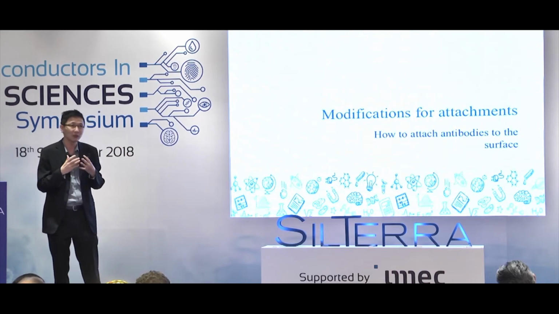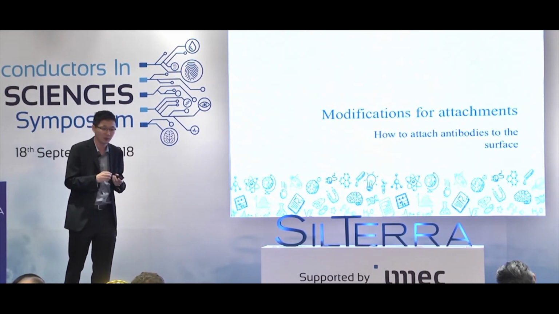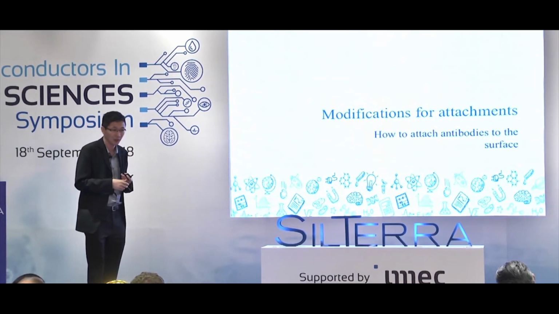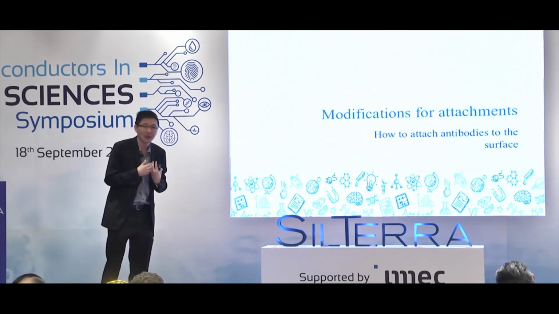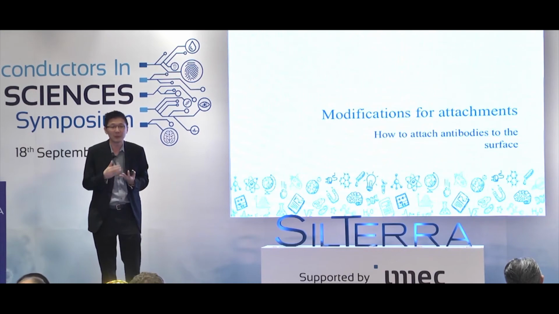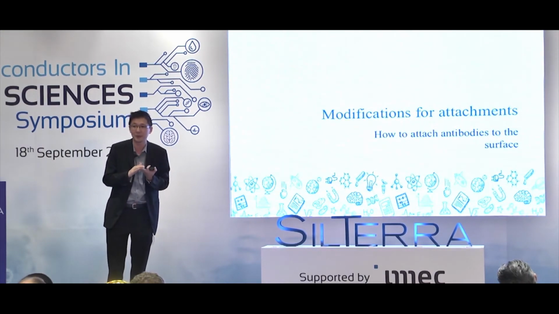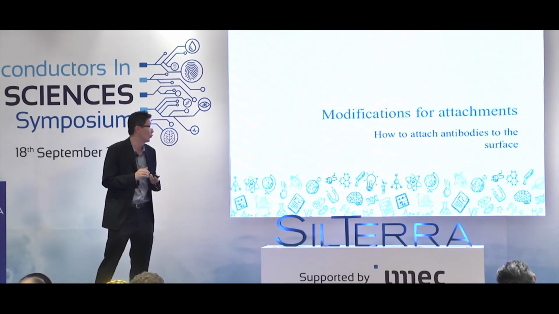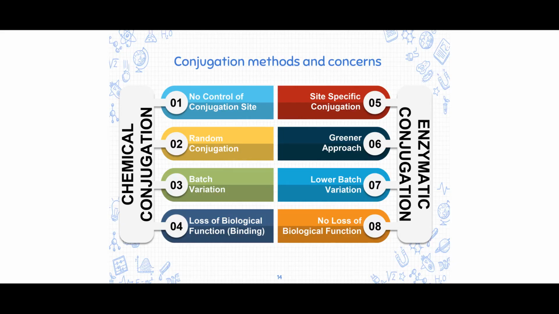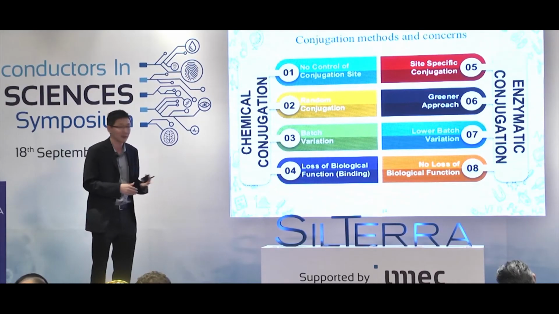So when we look at attachments on surfaces, what kind of modifications can we actually look at? In our lab, we focus more on paper. We do a lot of attachments onto just nitrocellulose paper because it's cheap. What we can do with conjugate attachment of antibodies to surfaces is either chemical conjugation or enzymatic conjugation.